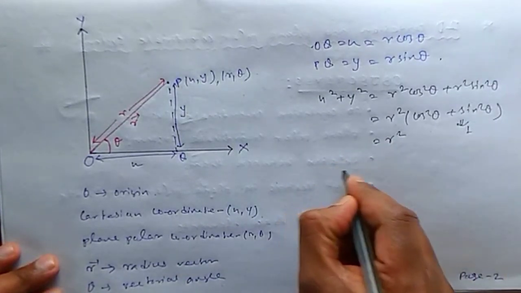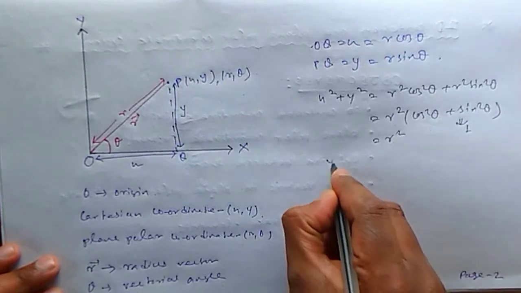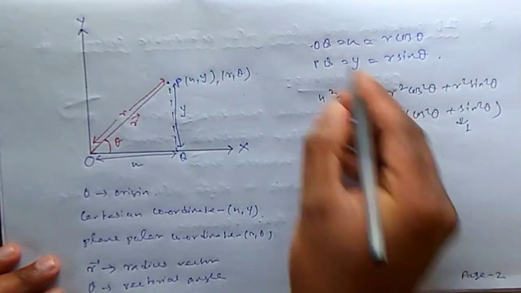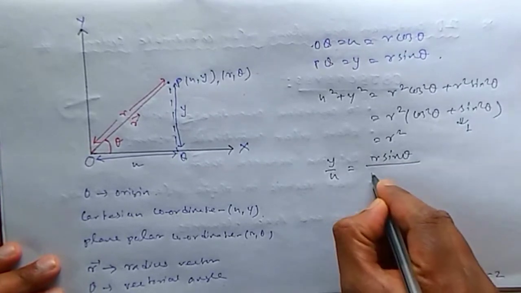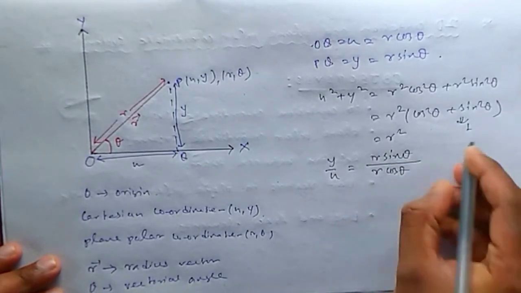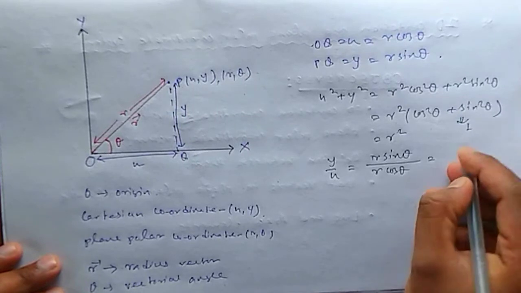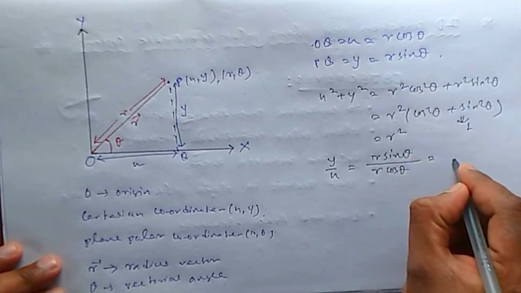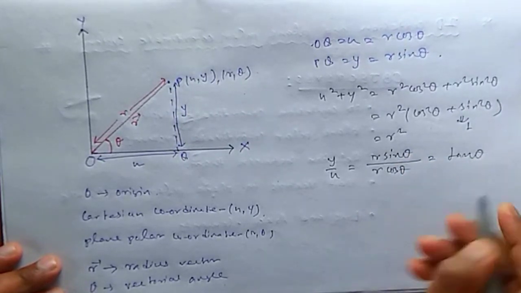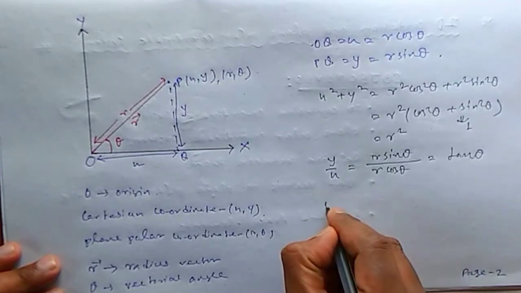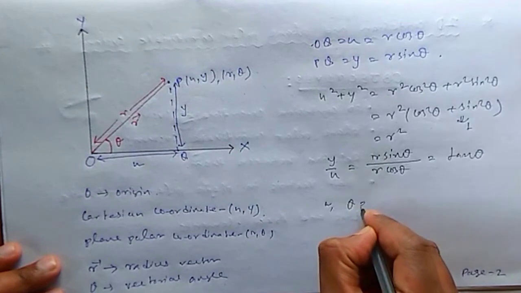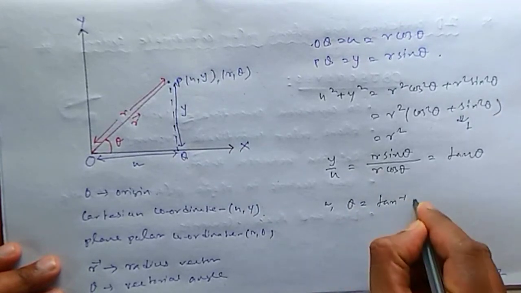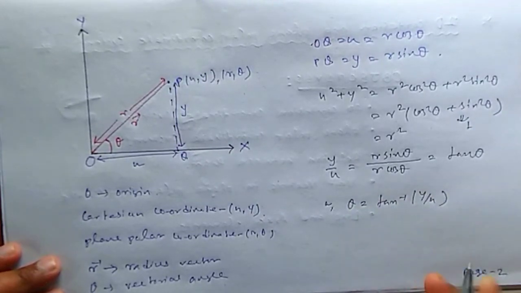And y by x is equal to r sin theta by r cos theta; r will cancel, so tan theta. We see theta is equal to tan inverse y by x.